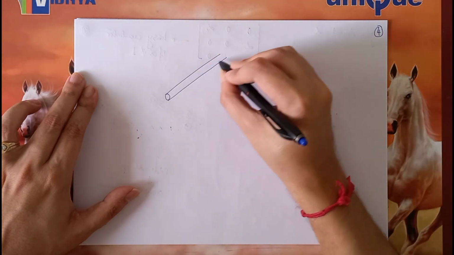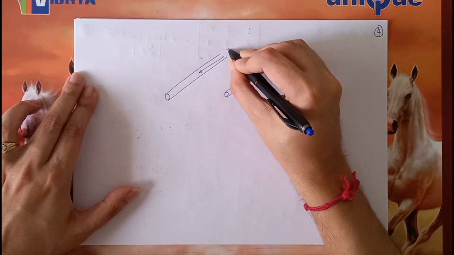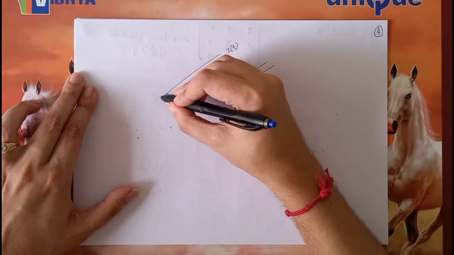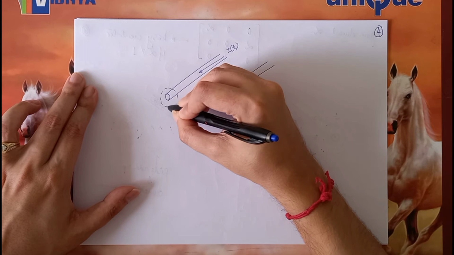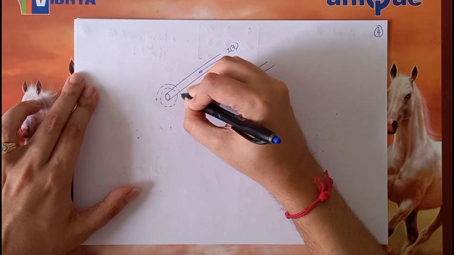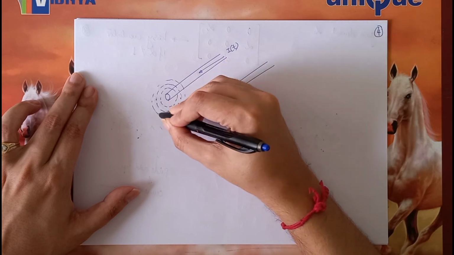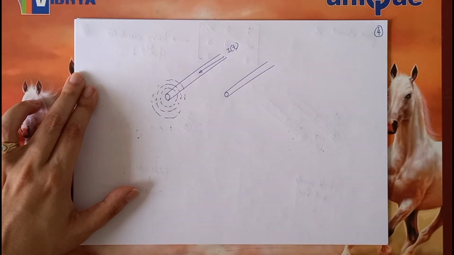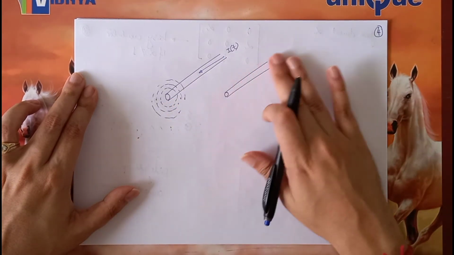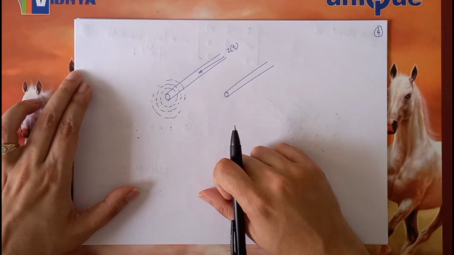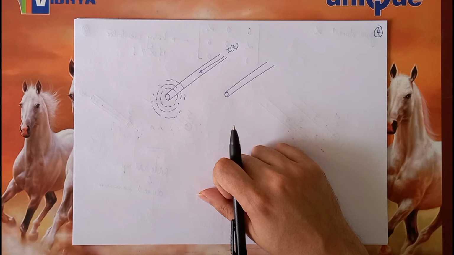And let us say in one conductor we have some current, some time varying current I of t. So obviously there will also be a time varying magnetic field. And let us say, for example, in this second conductor, I am not putting any current whatsoever.